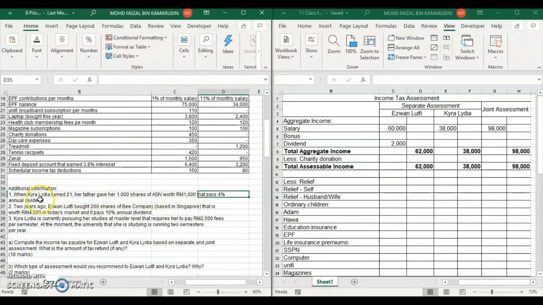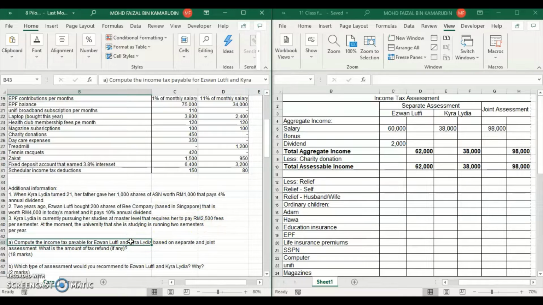Kyra has a shares that was given to her by her father, and then S1 has shares in B company but based in Singapore. Kyra Lydia did pursue a master's level study, and she has to pay about 2,500 fee per semester.